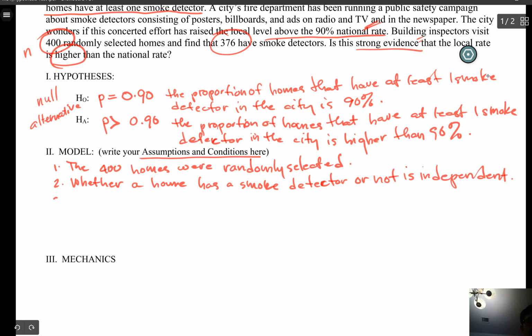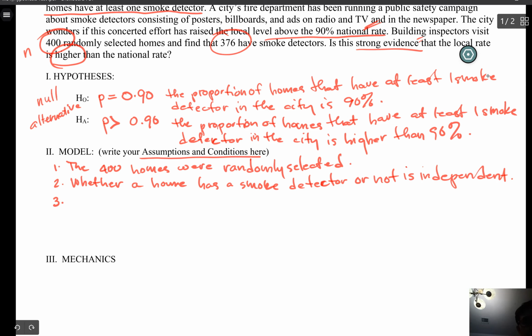Then number 3 is the constant probability, and we assume constant probability if the sample size is less than 10% of the whole population.